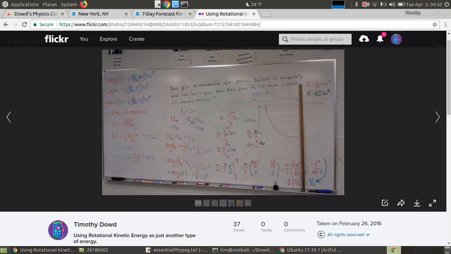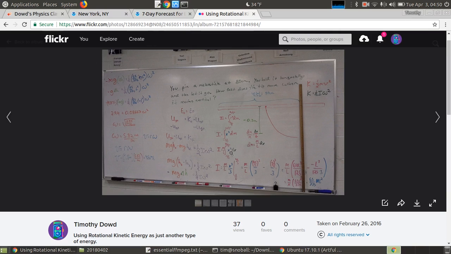Kinetic energy uses the new kinetic energy equation we have for rotational motion. And it becomes just as easy to solve as any other E0 equals Ef equation. Possibly the one trick here is we need to get the moment of inertia. So we use the same integral we've seen many times for a roughly one-dimensional object. The limits change because of where we're pinning it. But we take that integral and we end up with a value for moment of inertia.